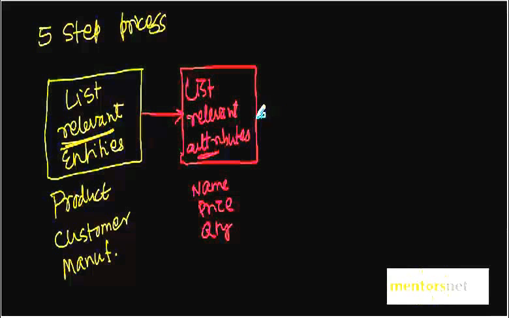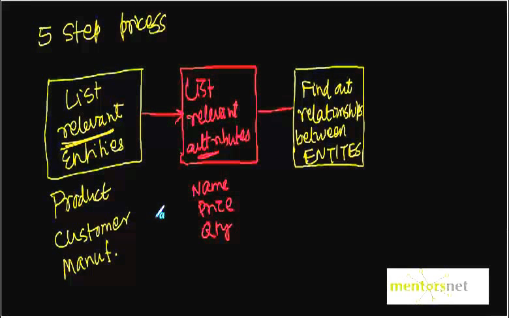Once you have done these two steps, the next step is to figure out what relationship, if any, exists between these entities. What is the relationship between product and manufacturer, what is the relationship between customer and products, and so on. So basically, find out the relationships between entities.